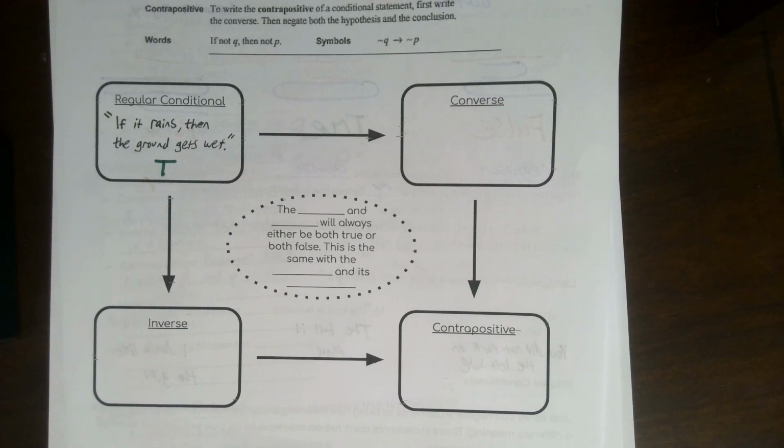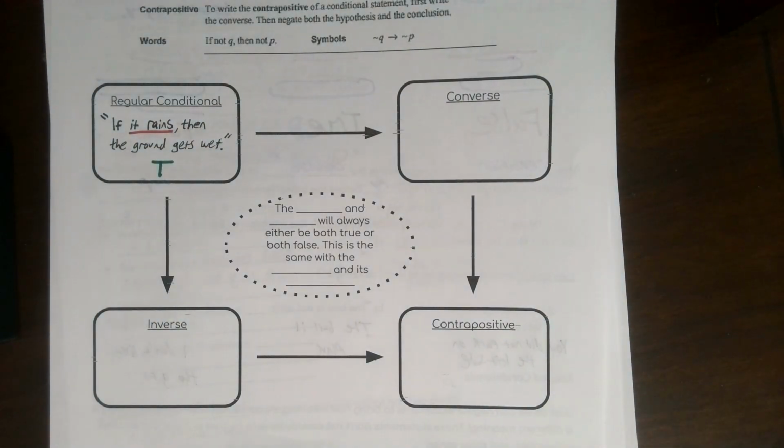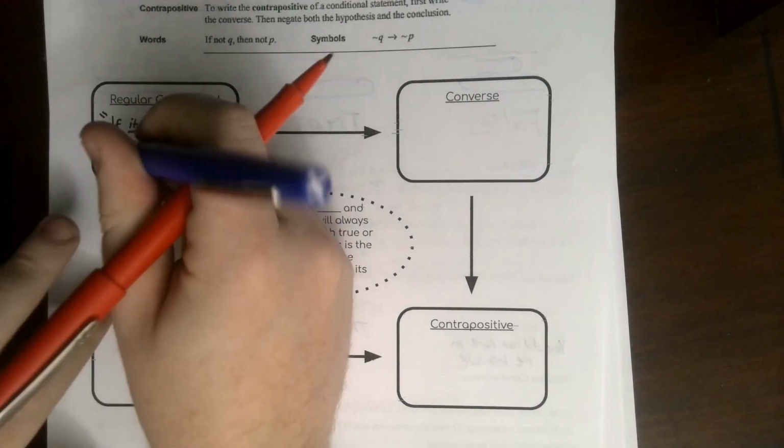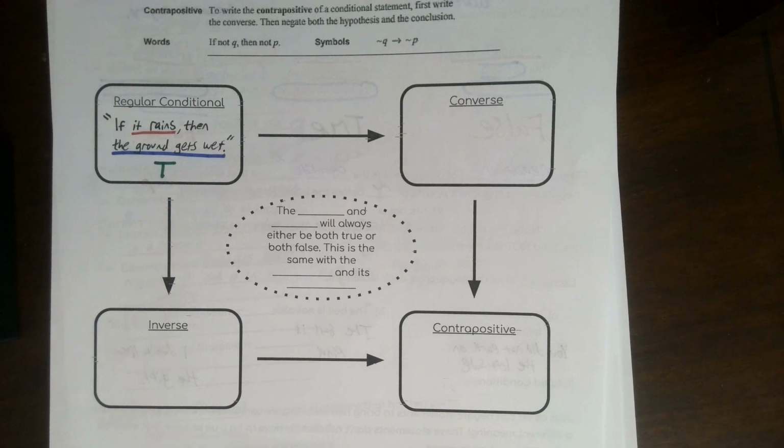If we wanted to find the converse of this, the first thing we should do is identify the hypothesis and the conclusion. The hypothesis is what comes after the word if, so it rains is the hypothesis. The ground gets wet is the conclusion.